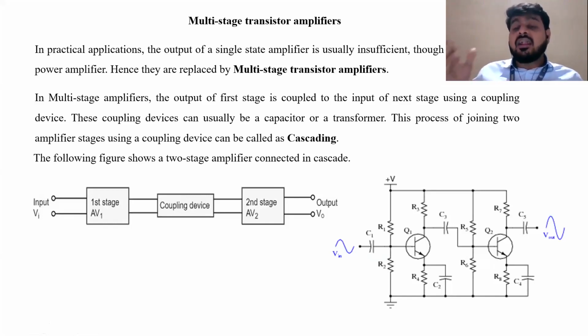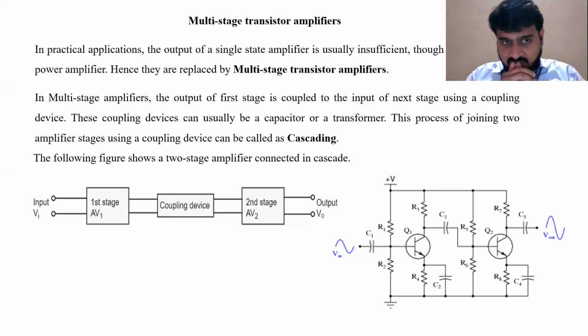Because at the end, towards the output, I need a very amplified or very powerful signal. So I need it where the signal is very low, but a high signal needs to reach. Can you guess a practical application of a multi-stage amplifier?